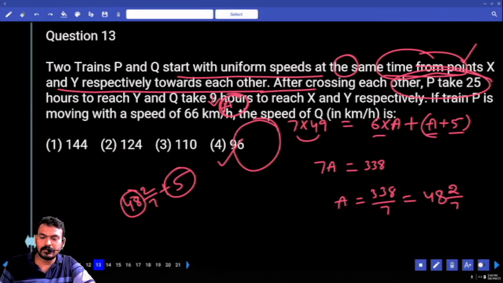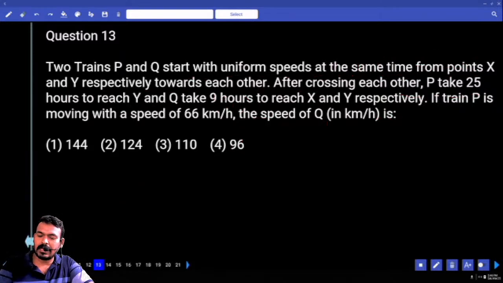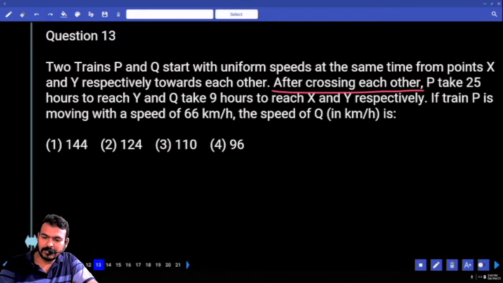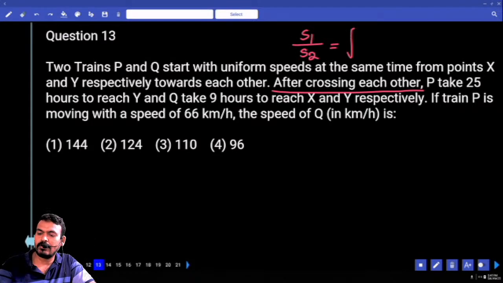Two trains P and Q start with uniform speeds at the same time from points X and Y respectively towards each other. After crossing each other, what is the key point here? After crossing each other means what is the formula? S1 by S2 is equal to square root of T2 by T1.